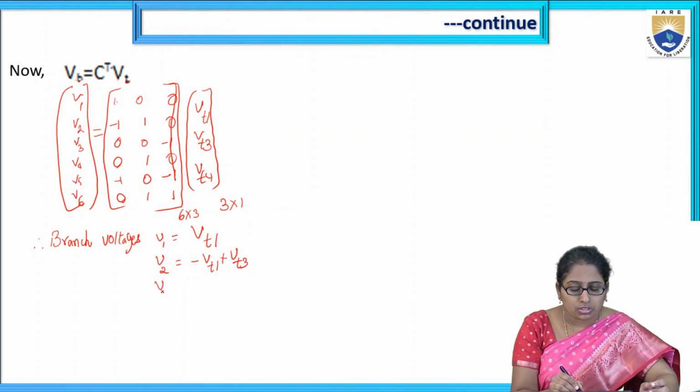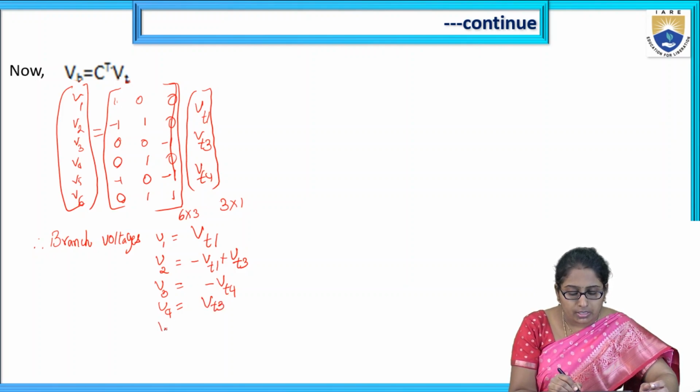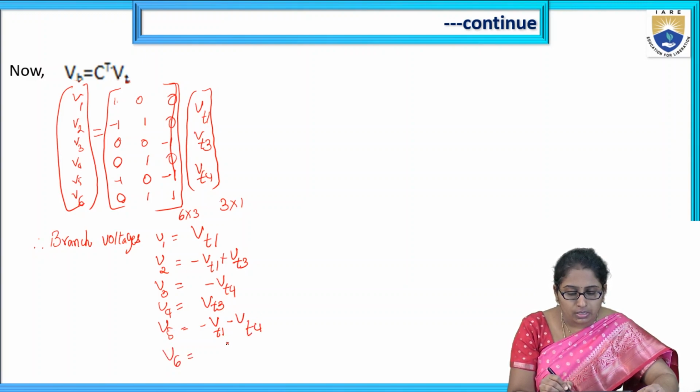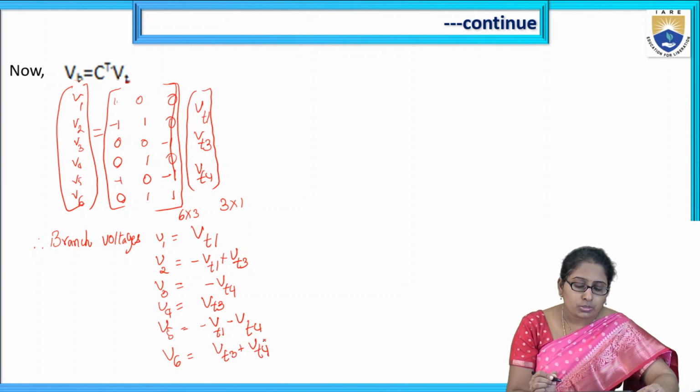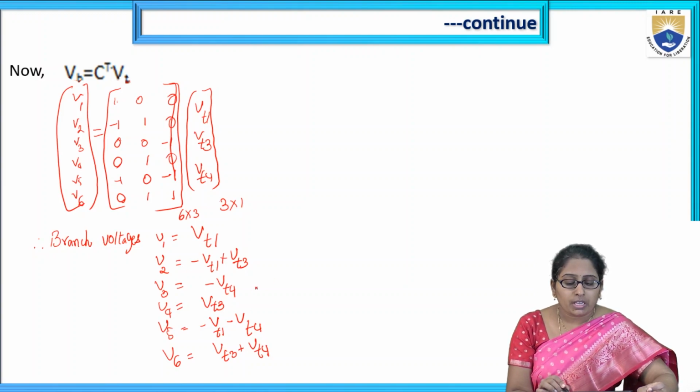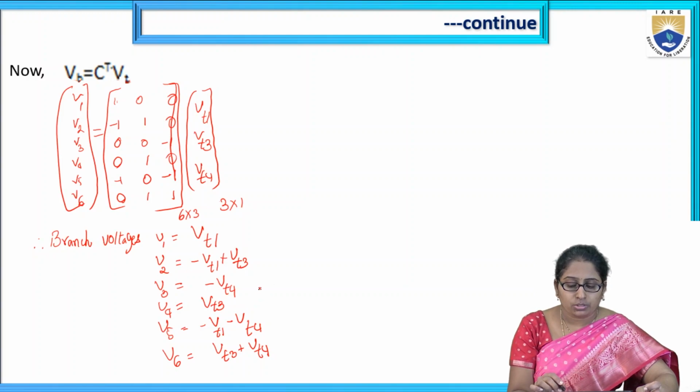Next, branch voltage V3 is minus VT4. Next, V4 is given by VT3. Next, V5 is given by minus VT1 minus VT4. V6 is given by VT3 plus VT4. So that is how branch voltages are determined, using the tree branch voltages.